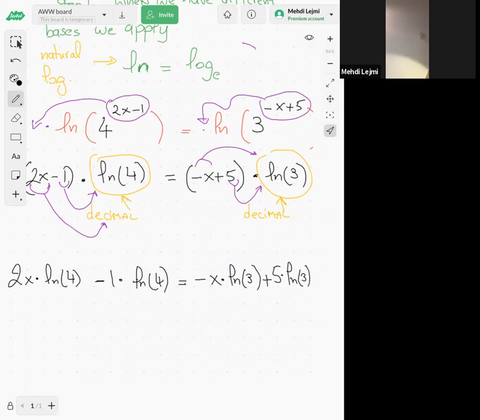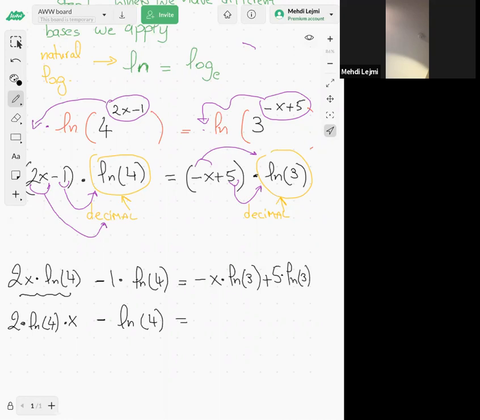All right. Now, I'm gonna write this. So we have 2x times natural log of 4. I'm gonna start with the numbers. So we have 2 times natural log of 4 times x. You always keep the x in the last position, right? Minus 1 times natural log of 4, it's just 1 times any number, so it's natural log of 4.